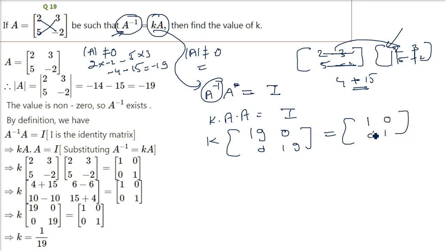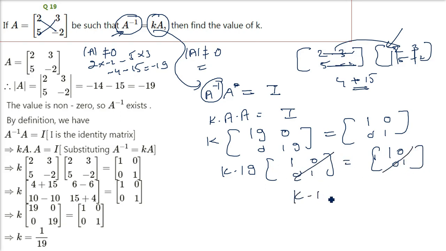You can take 19 common from here because this matrix is simply a scalar matrix of 2 by 2 multiplied by 19. So you can take 19 outside and write the identity matrix 1, 0, 0, 1, and on the right hand side you have an identity matrix, so you can just cancel it out. K into 19 is equal to 1, so K will be equal to 1 by 19. So this is your K. K is 1 by 19 here.